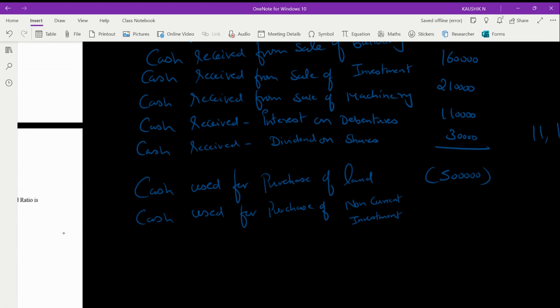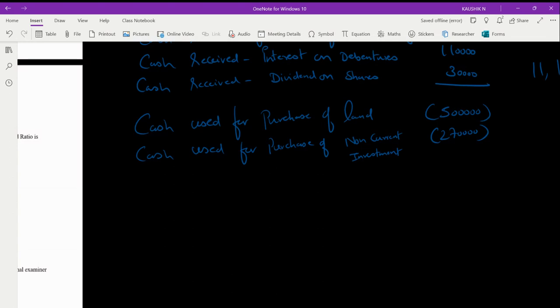Value of non-current investment is rupees 2 lakh 70,000. And then the third item, cash used for purchase of machinery. Value of this is rupees 4 lakh 50,000.